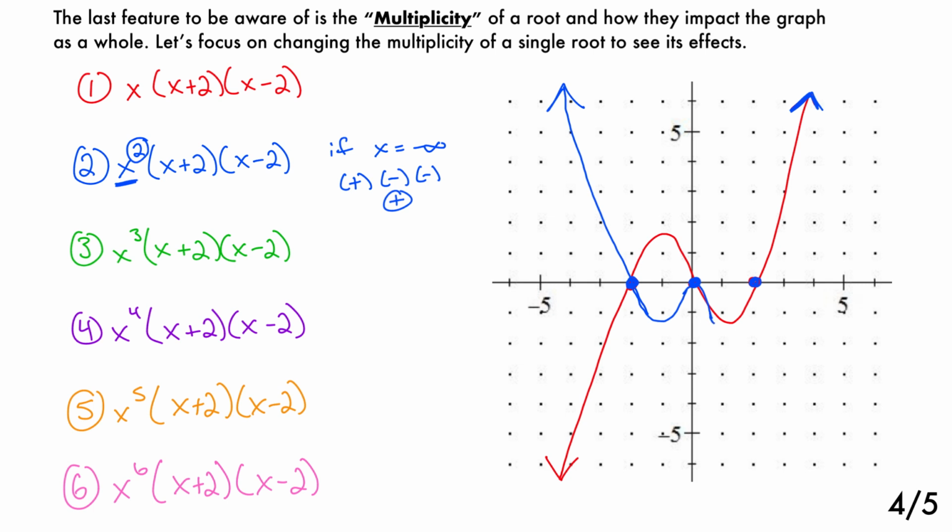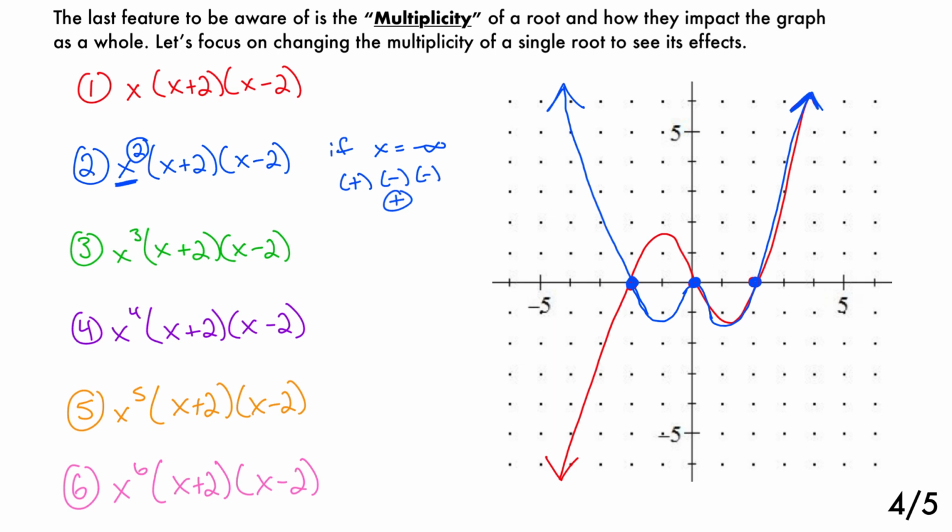And then we go through the other x-intercept, which was normal, and end up at the end behavior. So notice when the multiplicity was 2, we bounced off of the root. If it was coming in from the other direction, from up here, it would bounce off in this direction. So a multiplicity of 2 makes the function reflect off of the x-intercept.